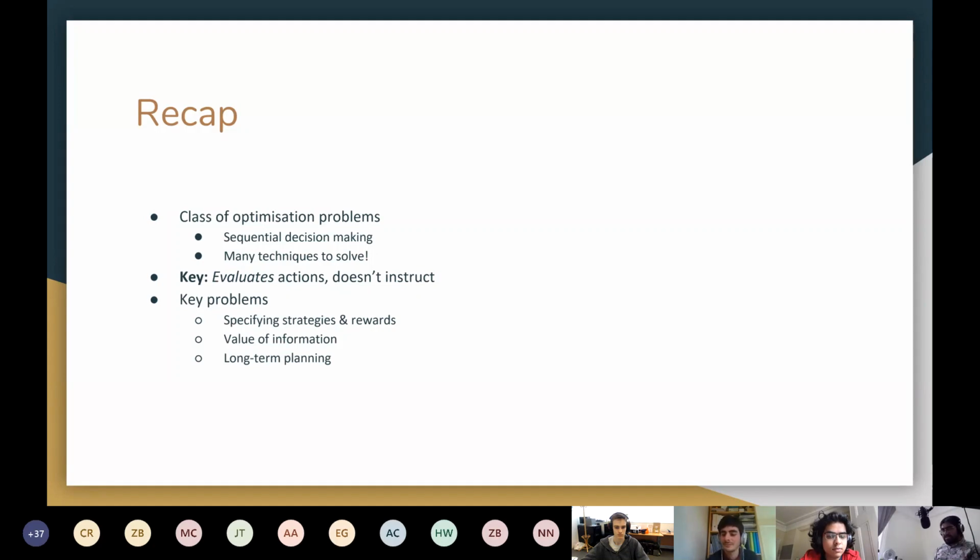The key problems to think about are how to specify things and solve the problem, how to think about information and long-term planning. And one of the reasons I think reinforcement learning is really interesting, that I'm going to touch on throughout this talk, is that thinking about RL can teach us how we can make decisions better, because this is fundamentally the science of how to make programs that can make decisions.